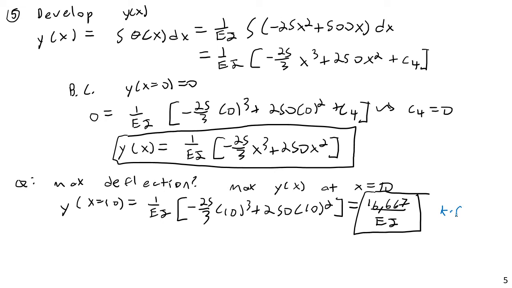So this is like kip feet to the third power. I did this all in kip feet. So if you didn't want to redo the integral or convert, you would have to put E in as kips per foot squared instead of kips per inch squared, and you would have to convert that into feet to the fourth power instead of inches to the fourth power, which is something I'm more accustomed to.